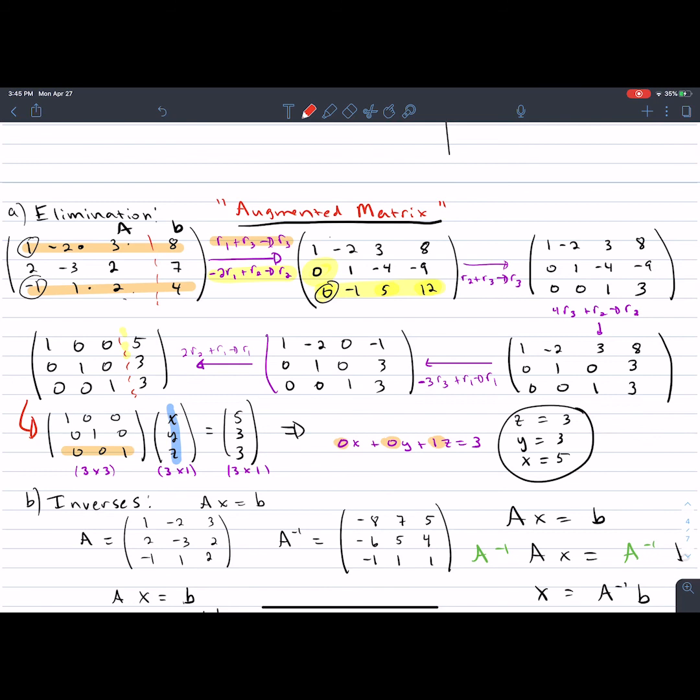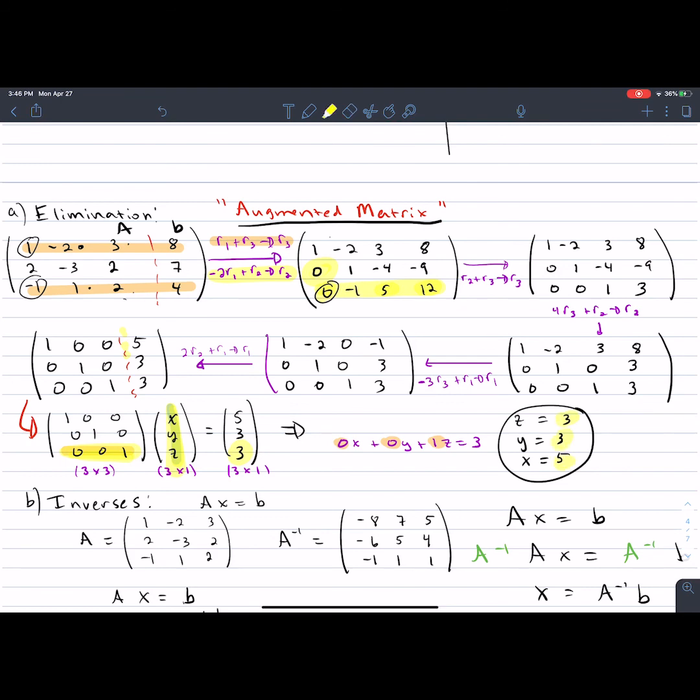I'm just picking on this last guy here. For this 3, it's last row times the first column. And clearly I get 0 times X plus 0 times Y plus 1 times Z equals 3. So I get Z equals 3. Okay, and so forth, and so forth.